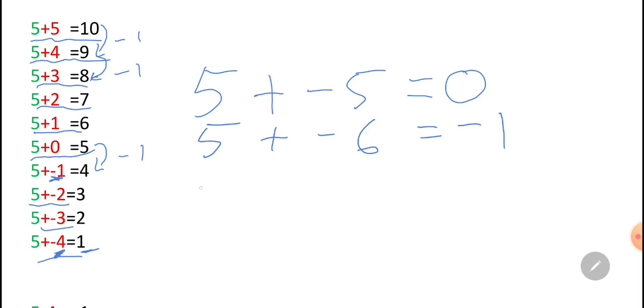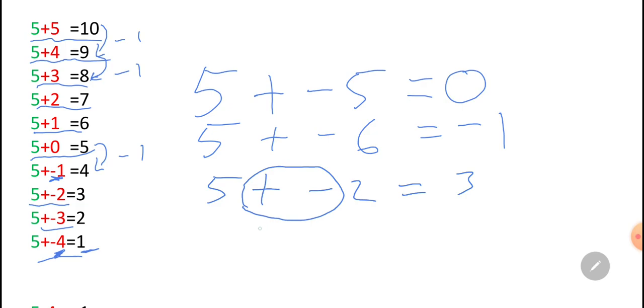Some students like to think of this 5 add negative 2, we know now is equal to 3. What they like to do is say that when you see a plus and a minus, or a plus and a negative sign side by side like that, they think of this as a negative. So 5 take away 2 is equal to 3.